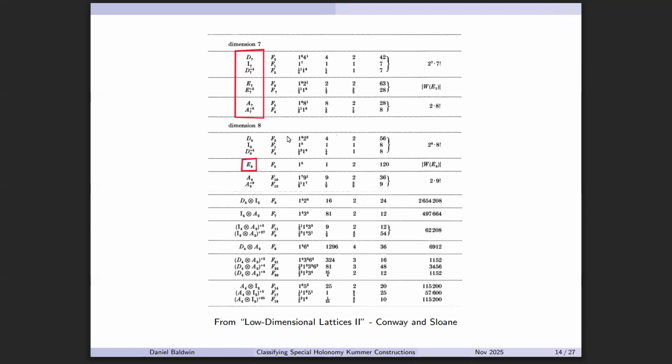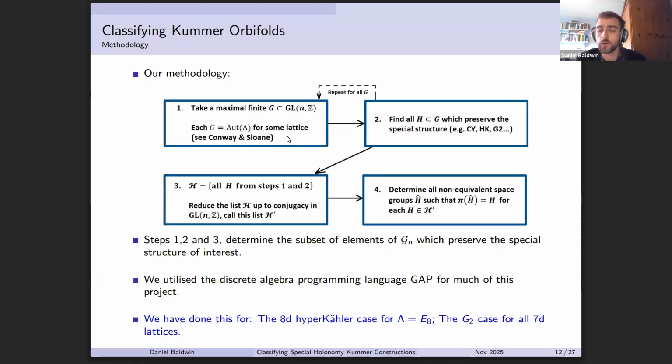Could I ask a naive question? It's about this maximality condition. What about things which are not irreducible, for instance, a product of cyclic factors, which presumably don't have a maximal... Yeah, I'm not sure if I understand the question, but we're taking these maximal subgroups and then taking all of their subgroups to get our full list.